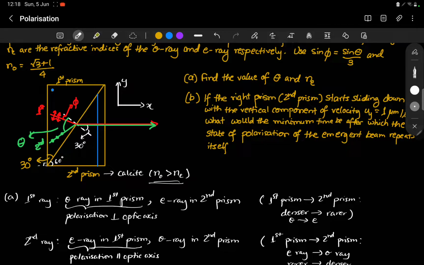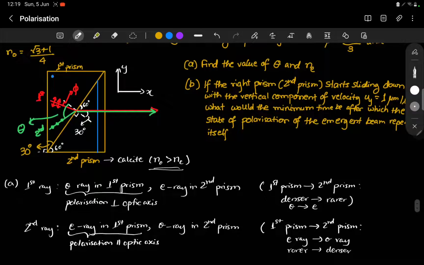If this angle is 60 degrees, we will have this angle as 60 degrees, since this is also parallel to the x-axis. So these two lines are parallel and they are parallel to the x-axis. From that we have this angle as 60 degrees, and this is a normal, so this angle is 90 degrees. So this angle has to be 30 degrees. So the angle that the emergent ray makes with the normal is 30 degrees.